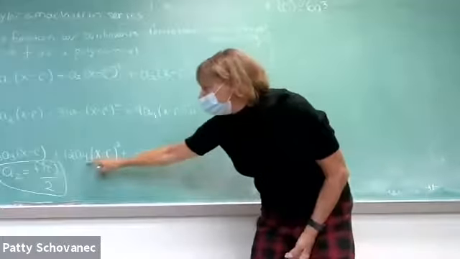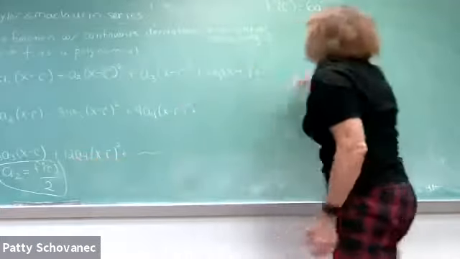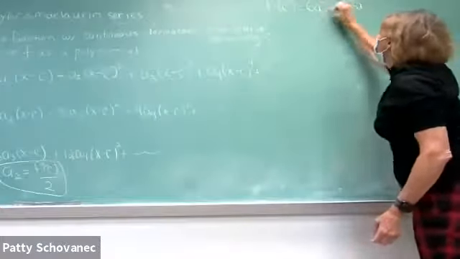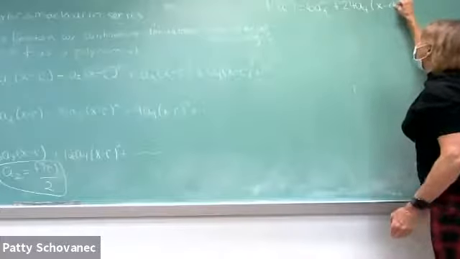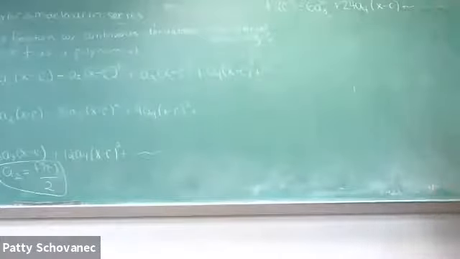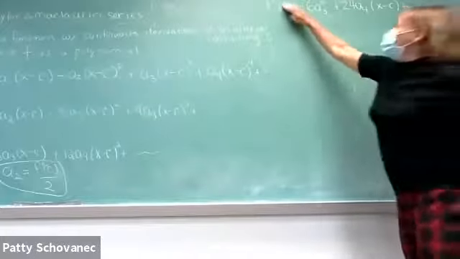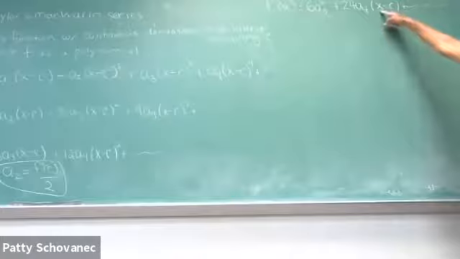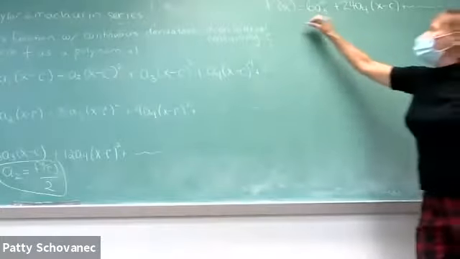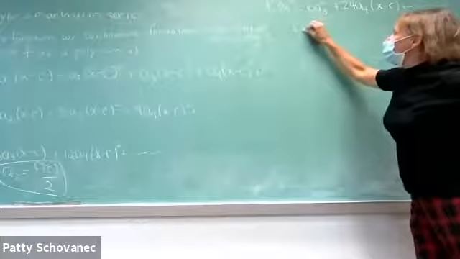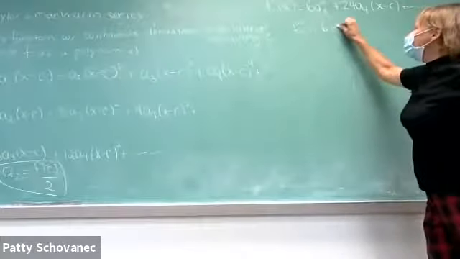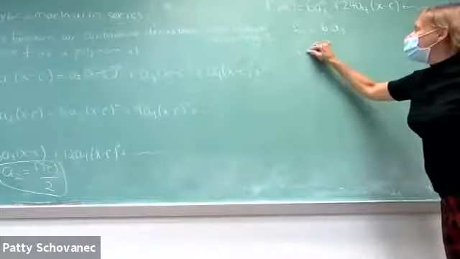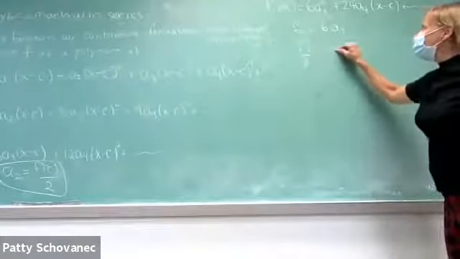The derivative here gives me 24a4 times x minus c, plus all those other terms. But I want this derivative when x is c to agree. So when I put c in for all the x's, the third derivative evaluated at c is 6 times a3. So f triple prime at c divided by 6 is a3.